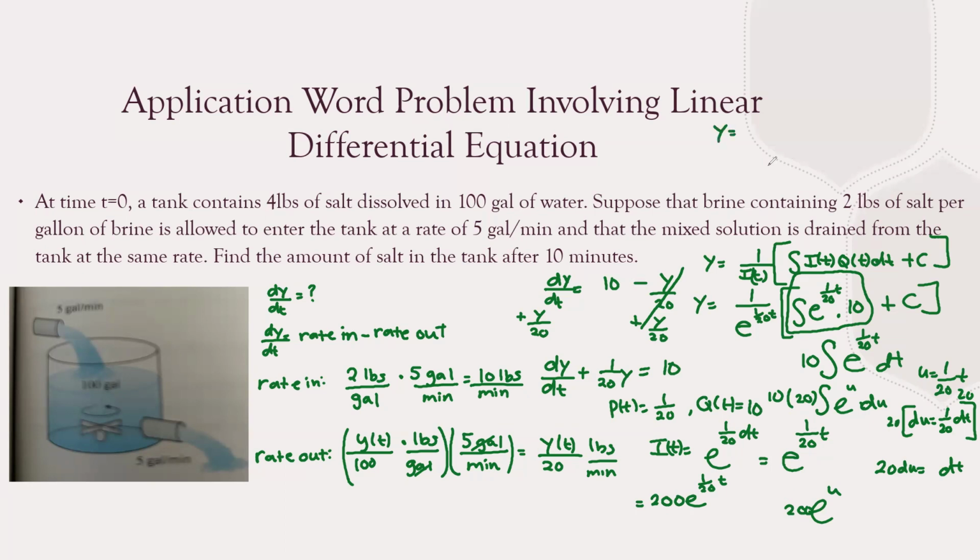Your y is going to be 1 over e to the 1 over 20t times 200 e to the 1 over 20t, plus c.